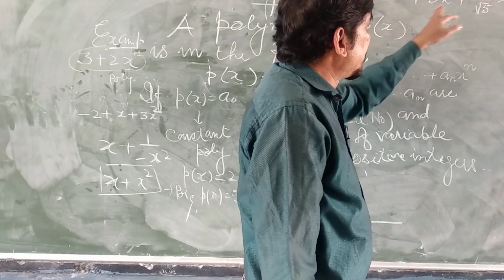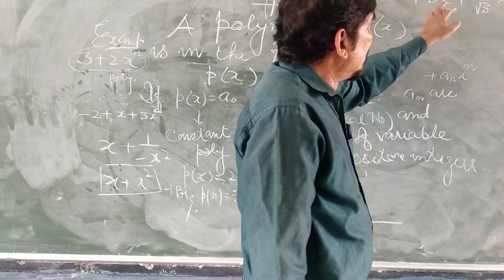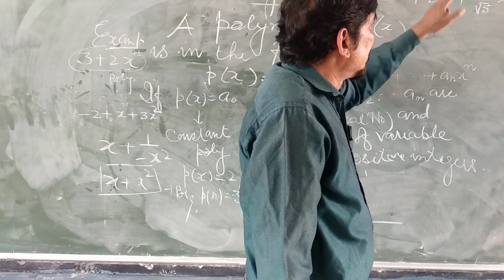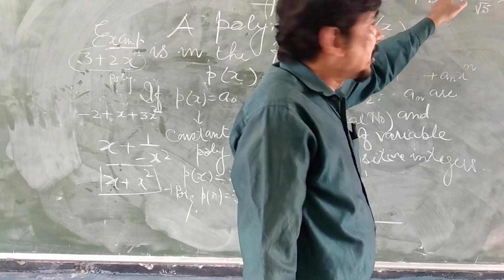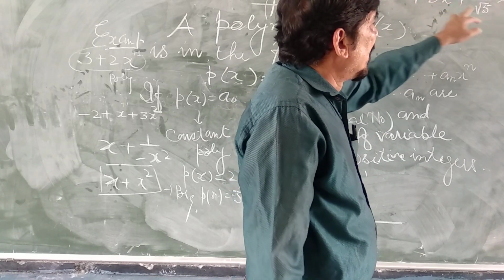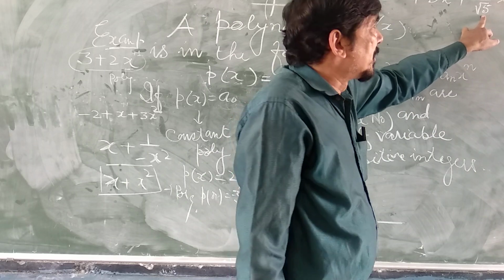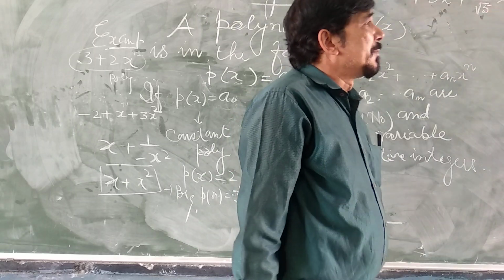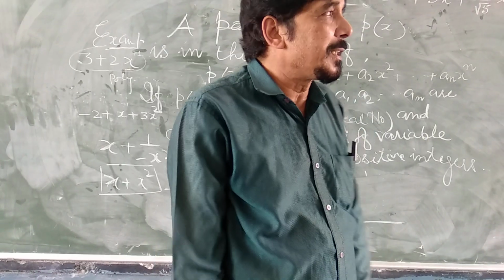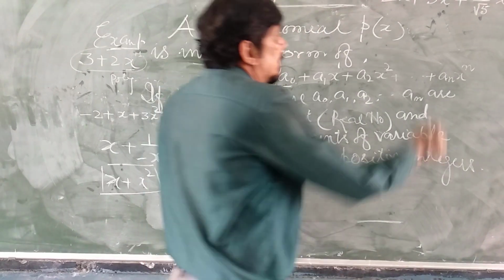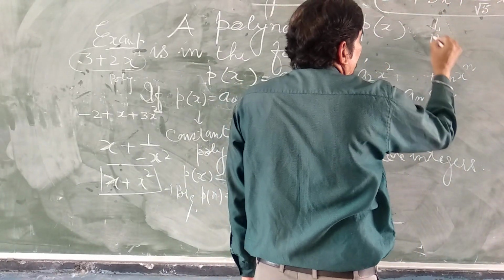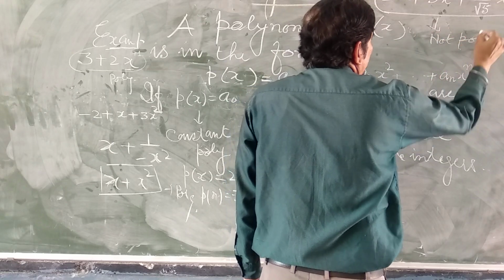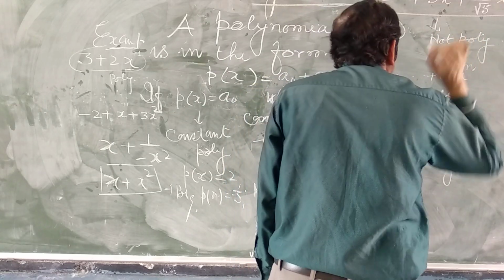The format of the second term is also satisfied because the exponent of the variable is a positive integer. But in the third term, the exponent of the variable is negative, minus 3, which is a negative integer. Therefore, the given expression is not a polynomial. Okay?